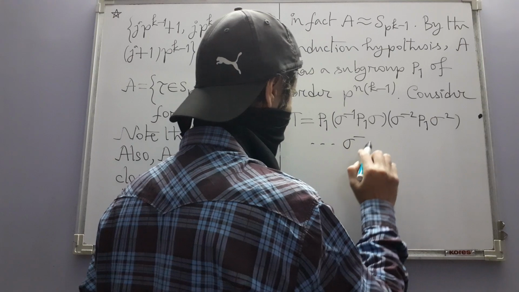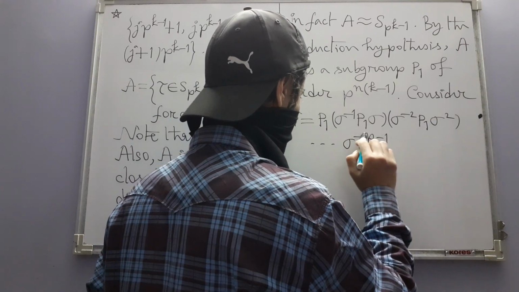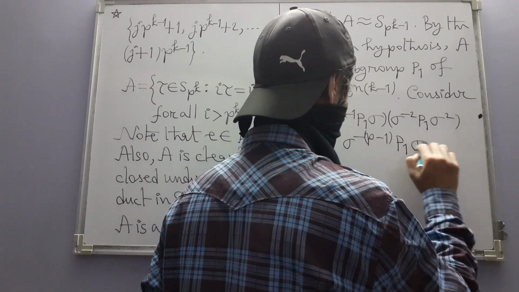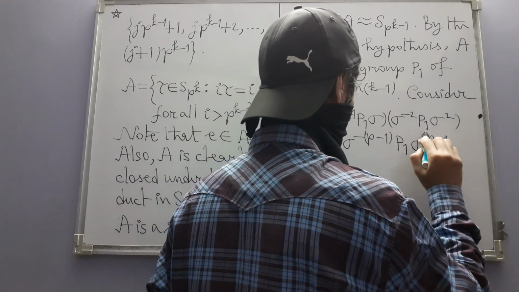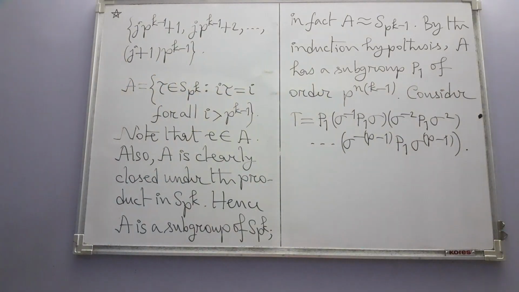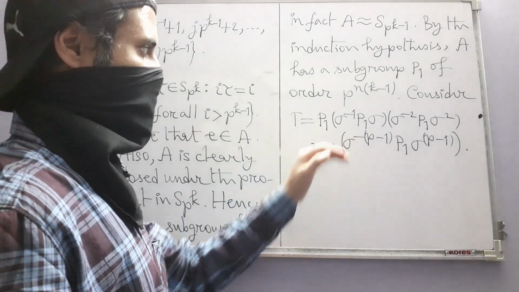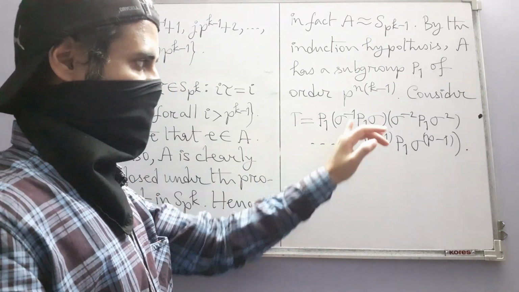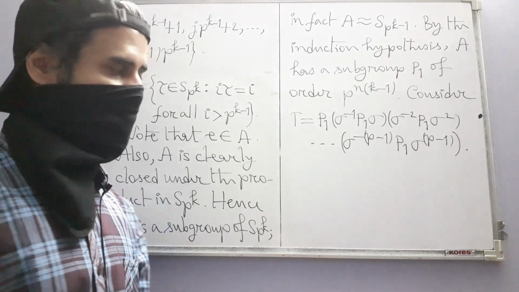The final factor is this. So you do understand that here we are considering a factor of not permutations but groups, subgroups.